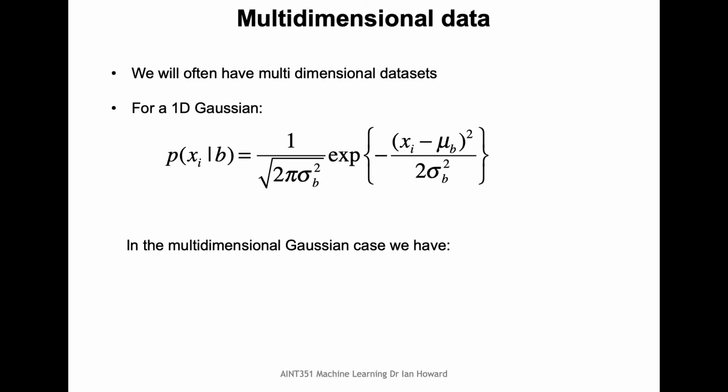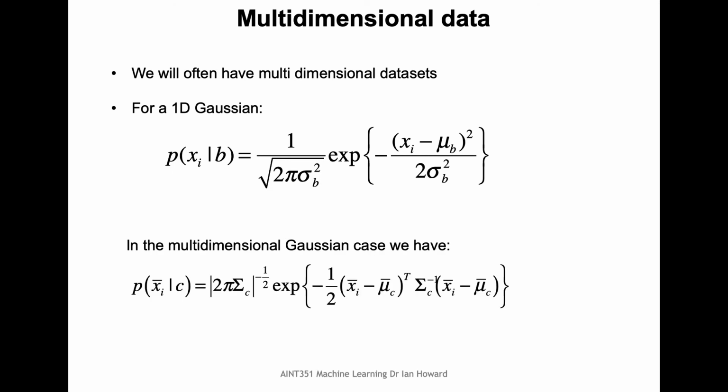Now, in the multi-dimensional case, of course, the data is now a vector, so we have xi with a hat on it, just in this case representing the fact that this is actually a vector.